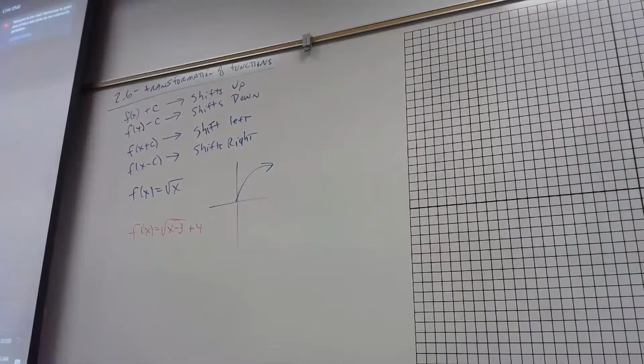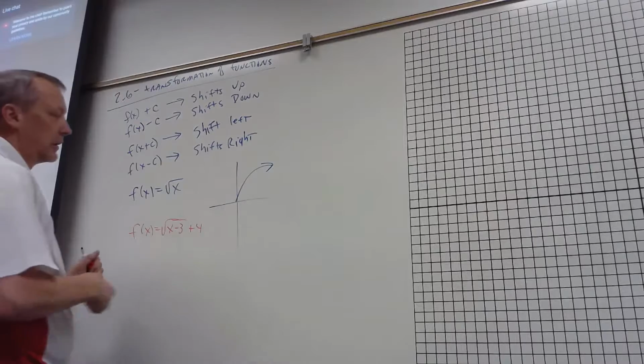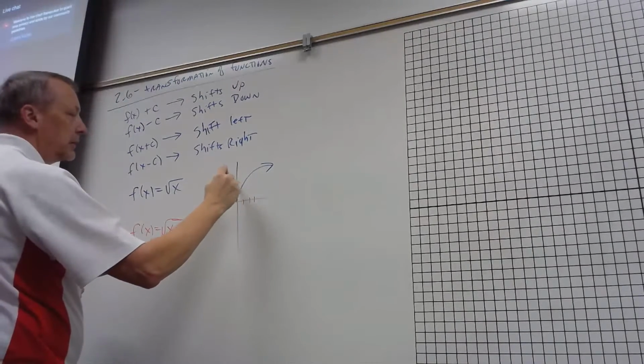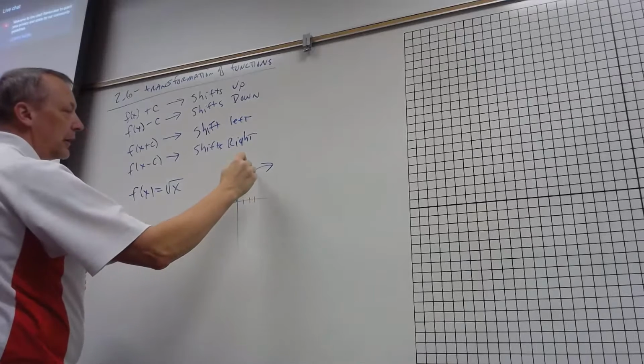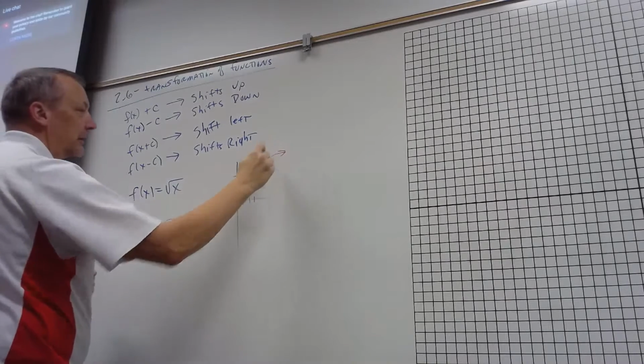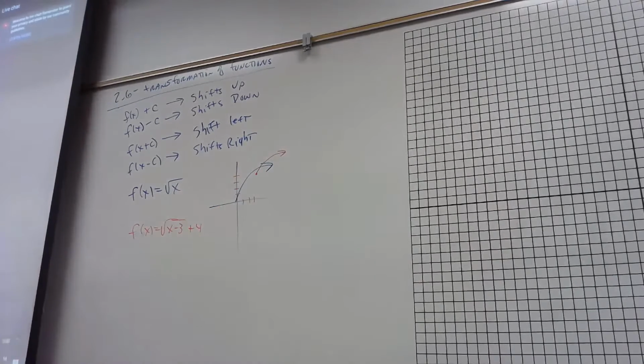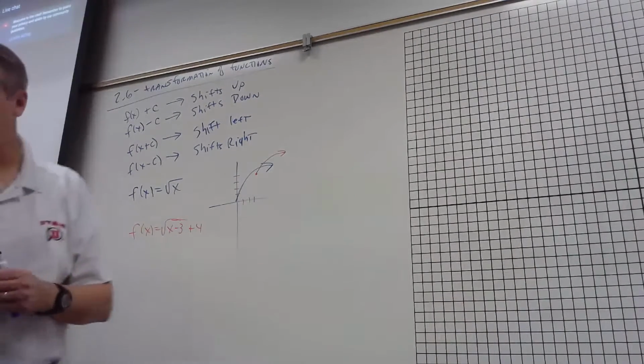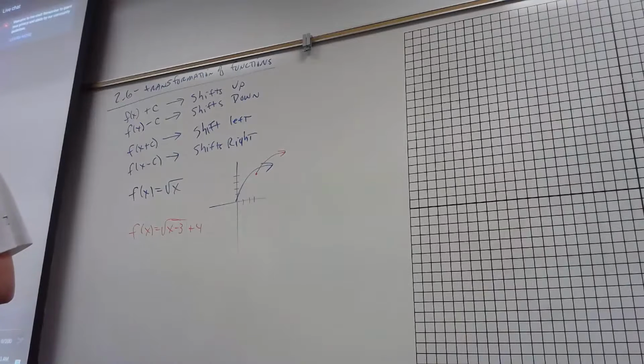Your graph would go to the right 3, 1, 2, 3, and up 1, 2, 3, 4. And so it would look like that. Okay? Well done. So this isn't too bad.